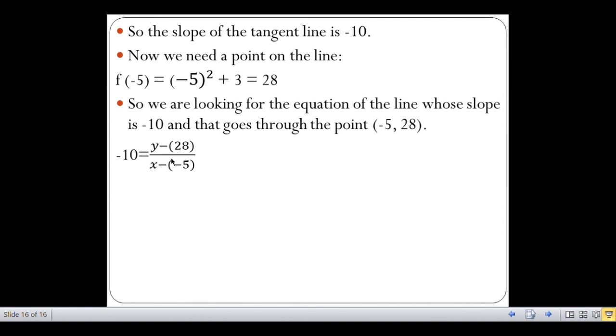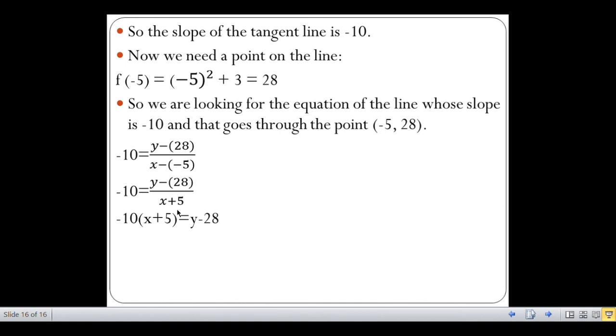So take note, class, of the negative symbols. Since the 5 is negative, we copy the negative. Don't forget, okay? Then we put open and close parentheses. And since negative times negative is positive, we have negative 10 equals y minus 28 over x minus negative 5, so x plus 5.